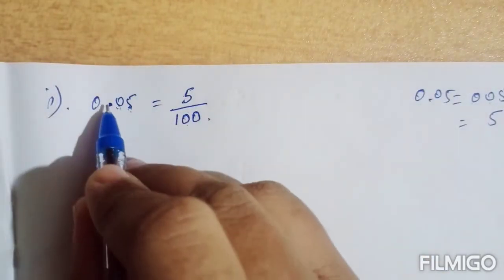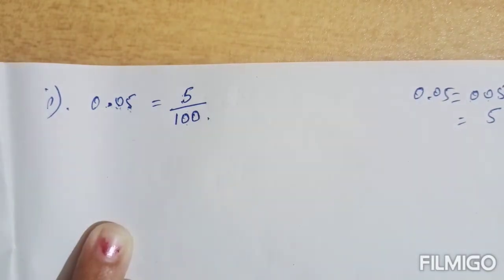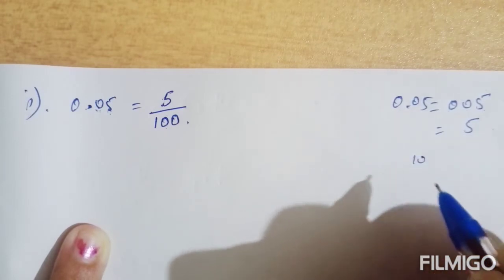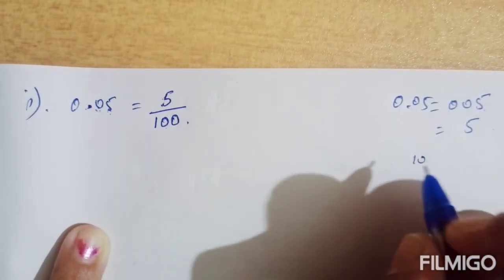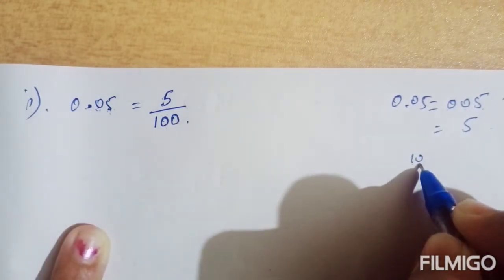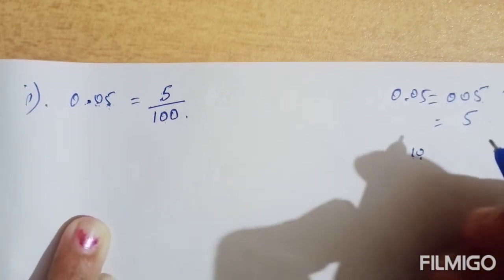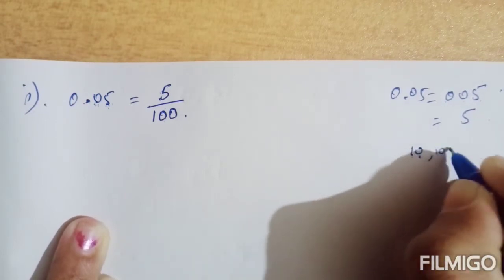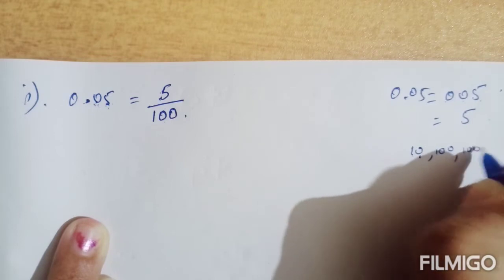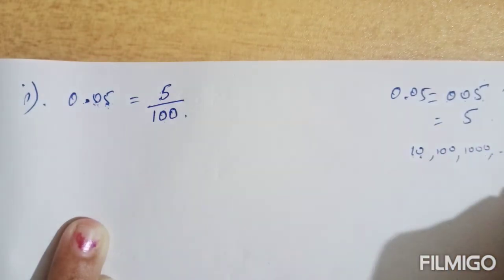If 1 digit is coming, the denominator will be 10. If there are 2 digits, denominator will be 100. If there are 3 digits, then denominator will be 1000, etc.